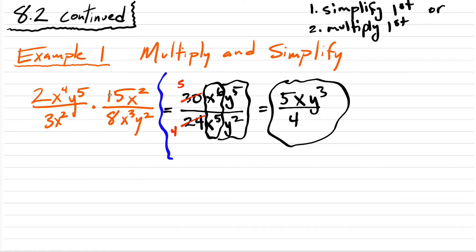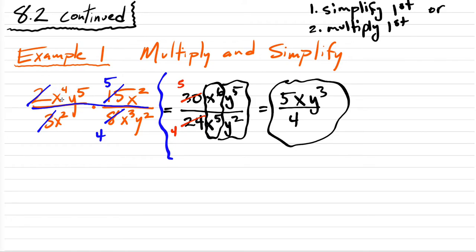If I simplify first, anything from the top can simplify with anything from the bottom because that's how multiplication works. Multiplication kind of means like it's one big line. So the 3 and the 15 can reduce because they both divide by 3, or 15 divided by 3, but this is a 5. The 2 and the 8 can reduce, and that becomes a 4.